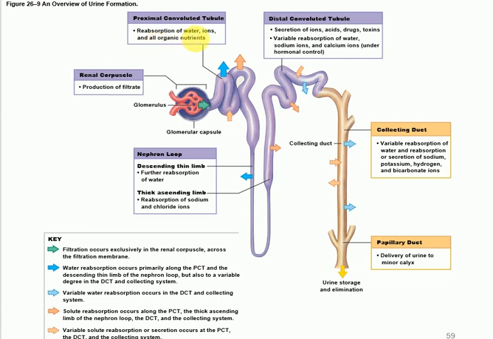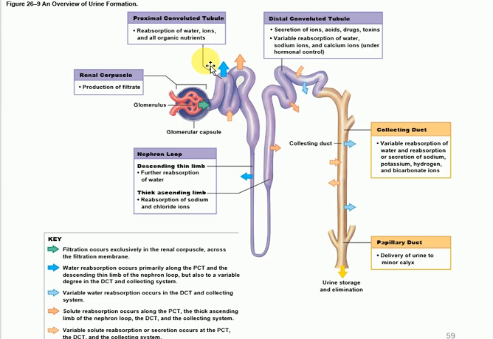At the end, the last part of the collecting duct is called the papillary duct. Why did we call it papillary duct? The last part of the collecting duct. Why did we call it this name? Because it is in the papilla. What's papilla?